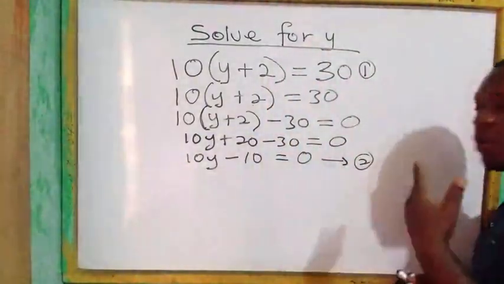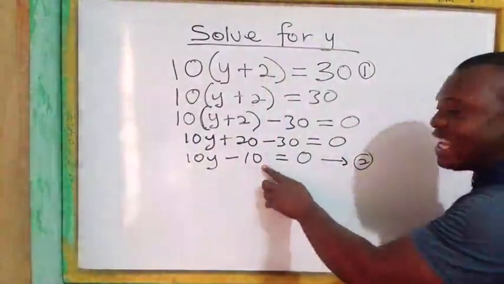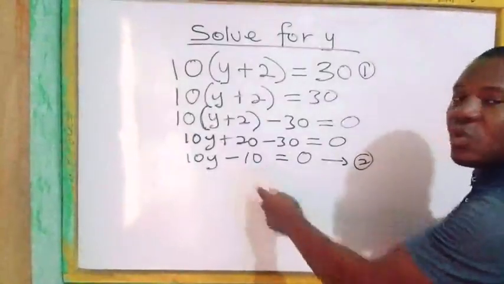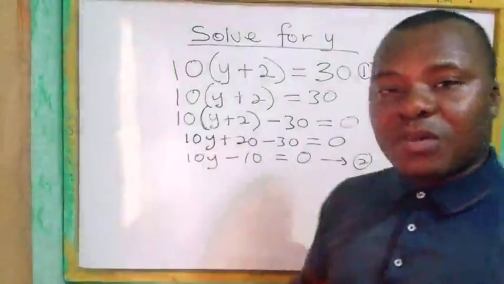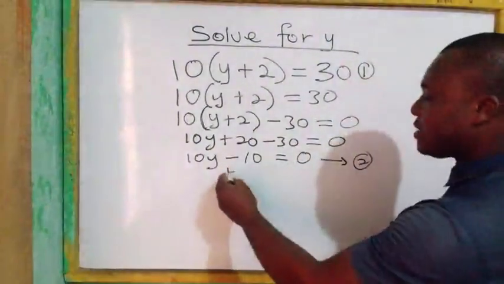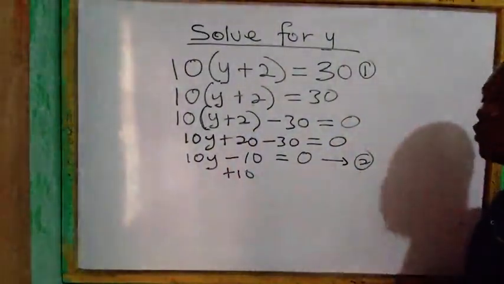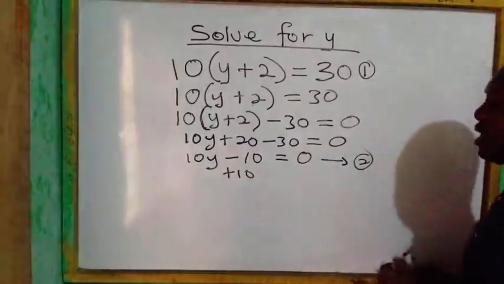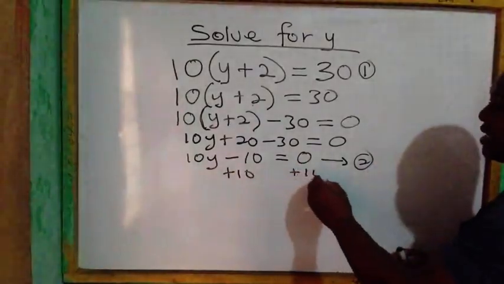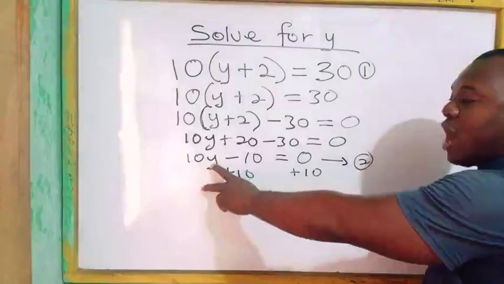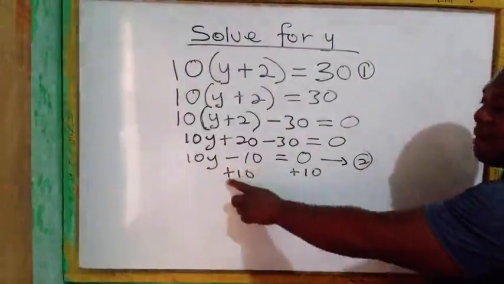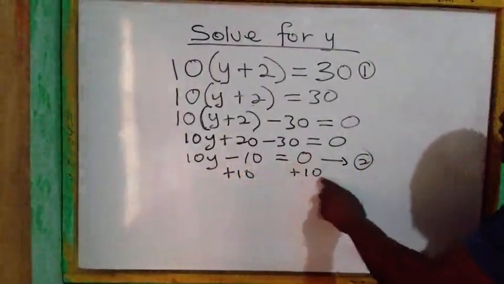So now this minus 10 is what we are going to transpose. The inverse of minus 10 is plus 10. What you do for this side, you do for this side also. So here it also becomes plus 10. We are going to have 10y minus 10 plus 10 equal to 0 plus 10.